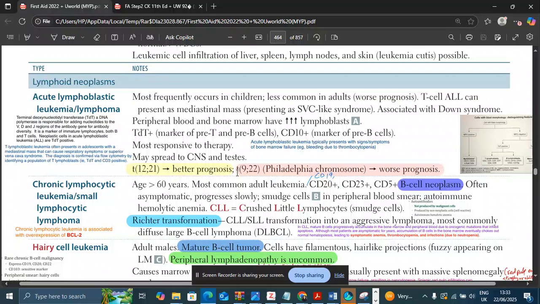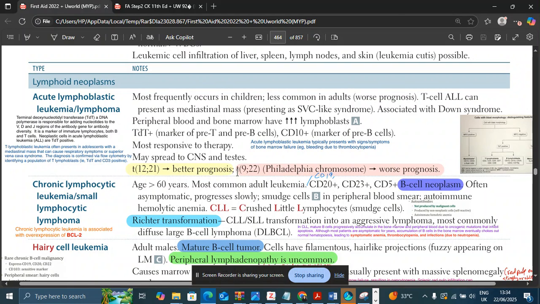So let's start with chronic lymphocytic leukemia, or small lymphocytic leukemia. CLL is the most common adult leukemia. It is seen in the elderly population, around the age of 60.